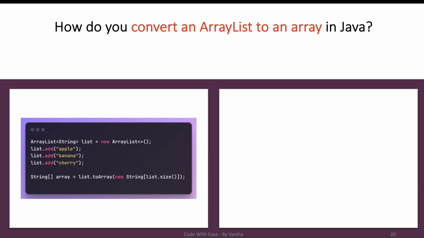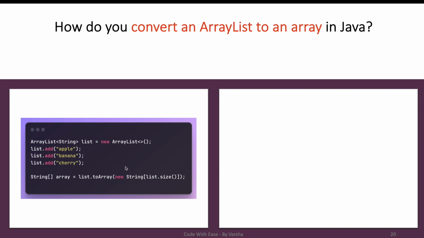The first one is I have an array list and I want to convert that to an array. So in the first example, I have all these fruits added. Now I want to convert this list into an array. It might be that my requirement is to convert this into a string array. So then we use this method called list.toArray. Within this, it's looking a little complex, but it's not very hard to understand. We are just trying to say initialize, and the new operator is doing what?